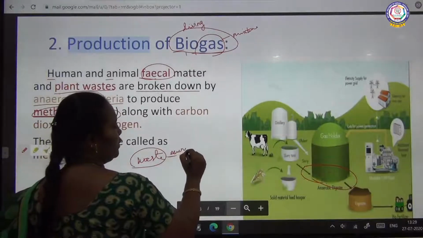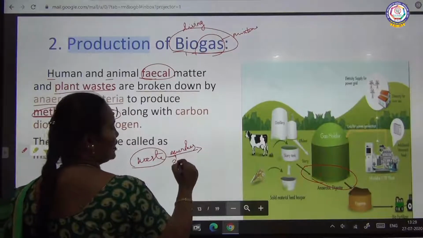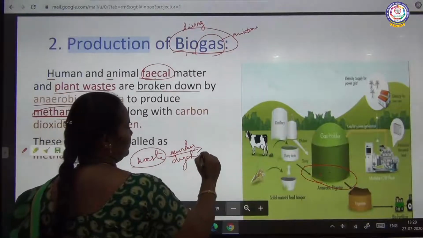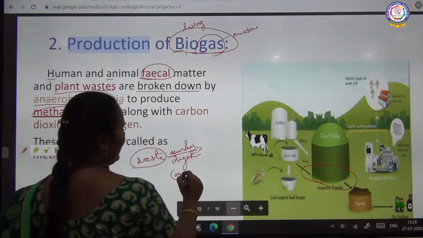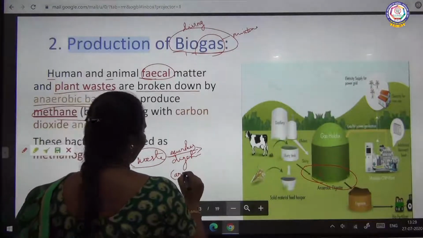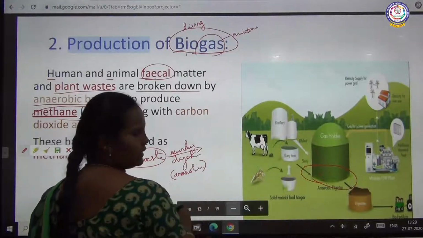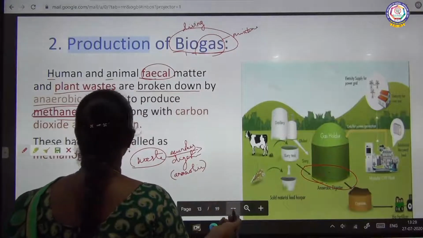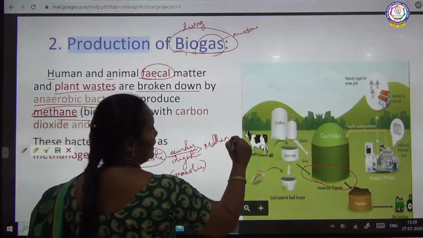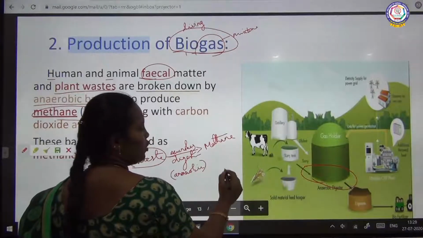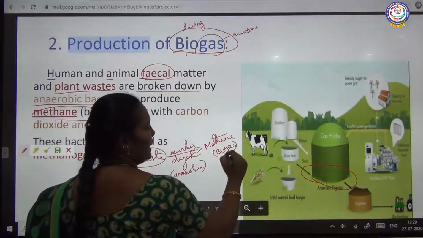These microbes digest the waste through anaerobic respiration. After that, what they release is methane gas. The methane gas is also called biogas.